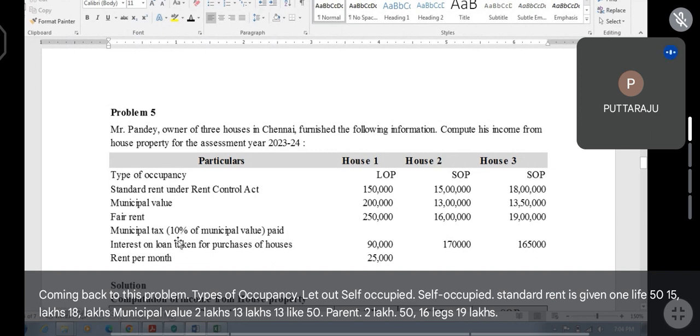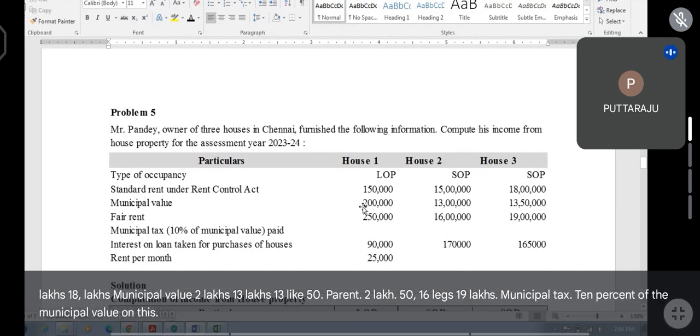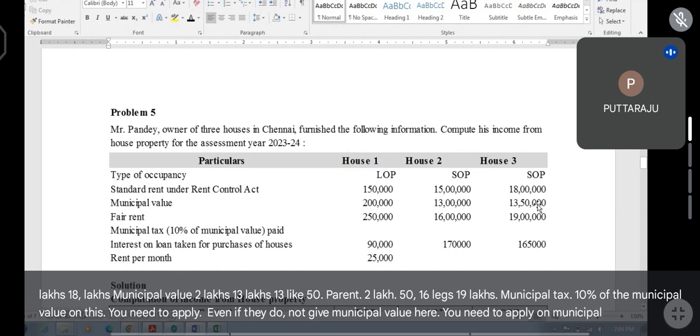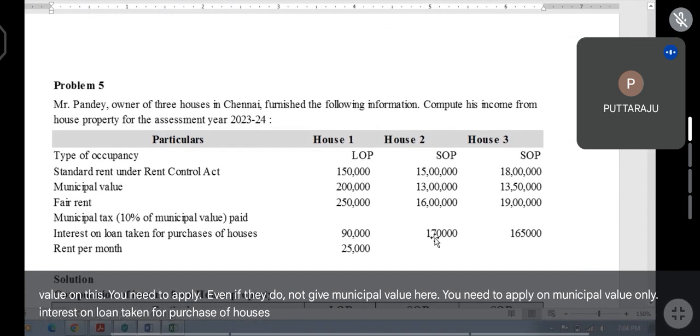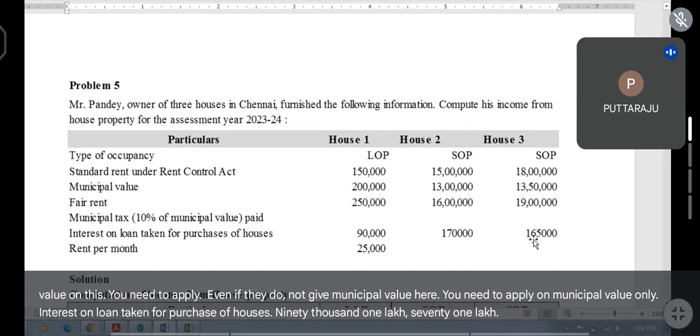Municipal tax, 10% of the municipal value, on this you need to apply. Even if they do not give municipal value here, you need to apply on municipal value only. Interest on loan taken for purchase of houses, 90,000, 1,70,000, 1,65,000.